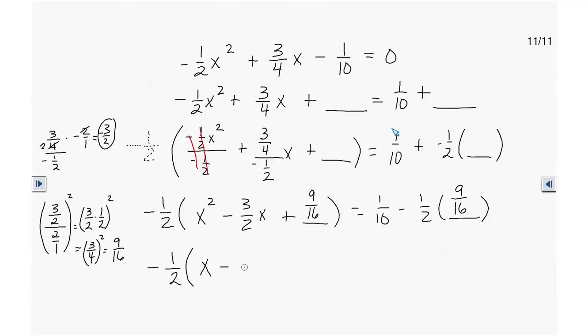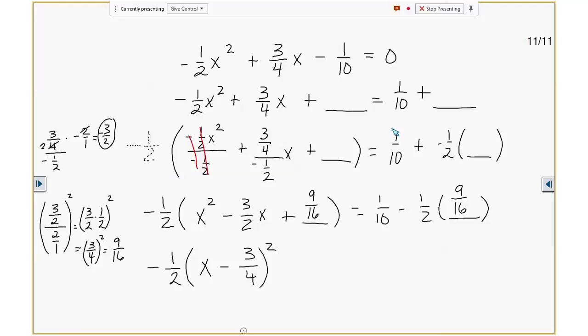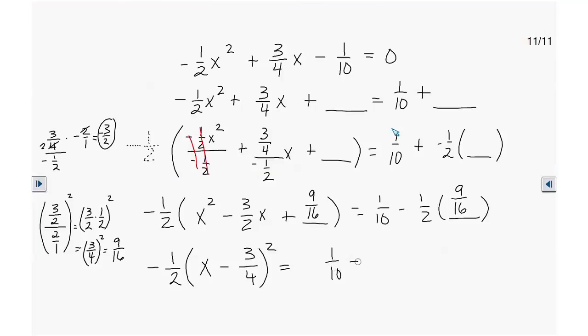X minus 3/4 squared is equal to, oh, we might as well forget this. Can't do that. So first of all, let's do 9 over what? 32? So 1/10 minus 9 over 32.